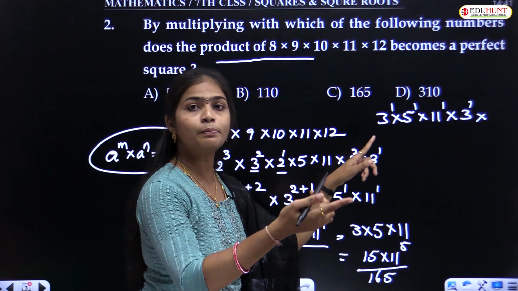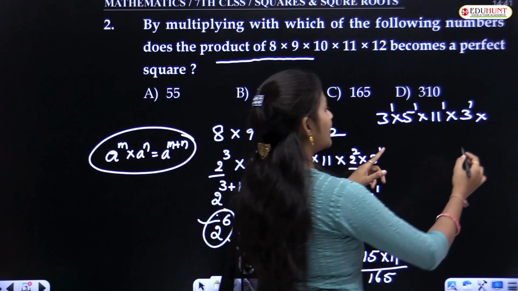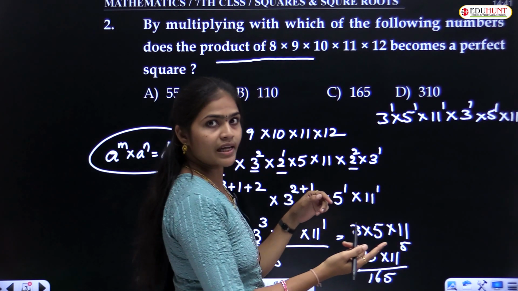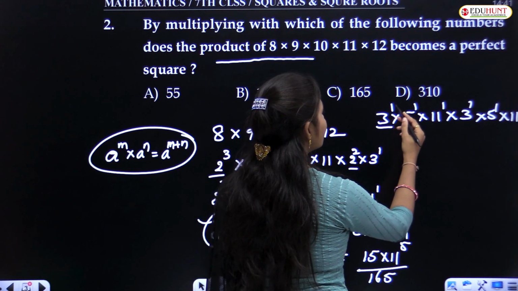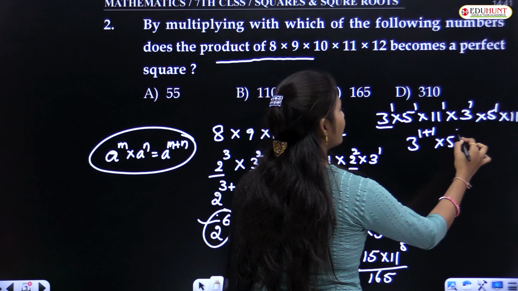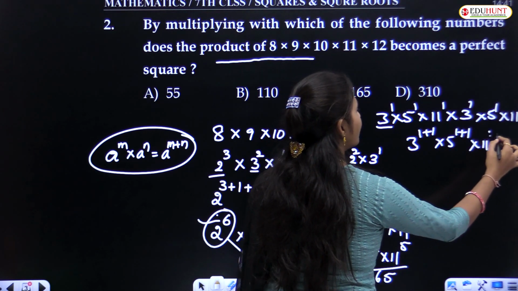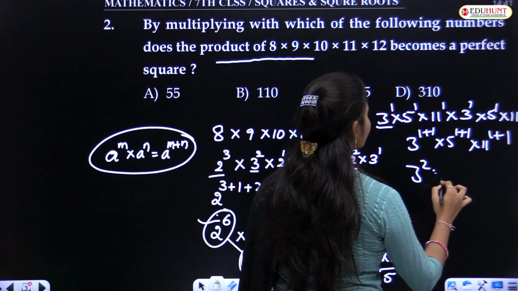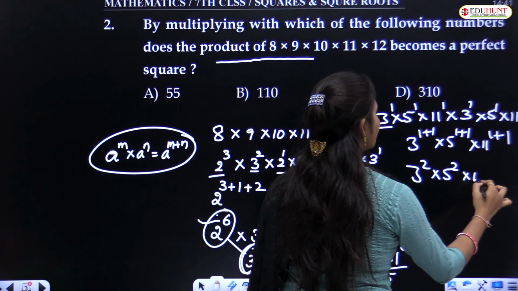If you multiply one more time, what do you get? In the same way, multiply 11 also one more time. Now this becomes 3 power 1 plus 1 into 5 power 1 plus 1 into 11 power 1 plus 1. Is it clear? Now here 3 square into 5 square into 11 square.